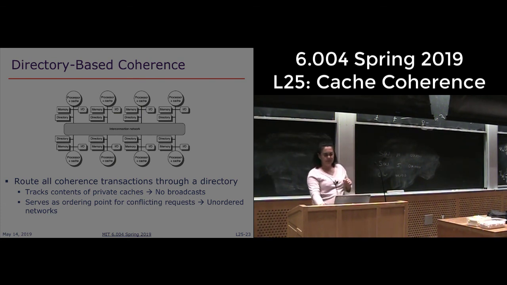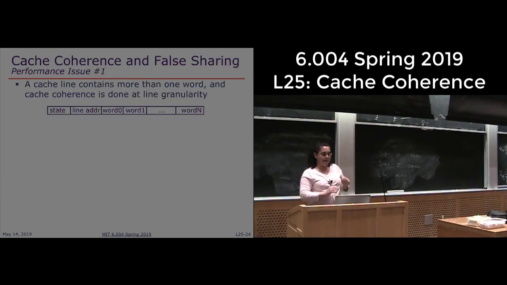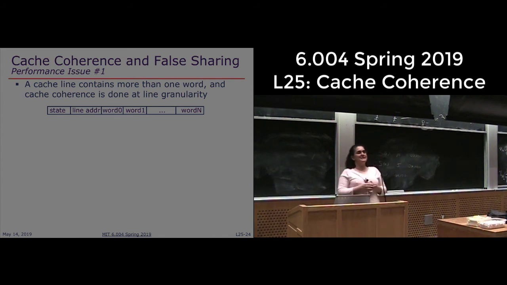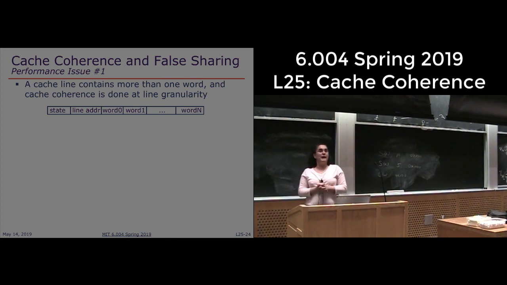Okay? All right. To wrap things up, the last thing I wanted to mention today is that as we continue to talk about introducing parallelism, we keep running into new problems that we have to address. We talked about synchronization.